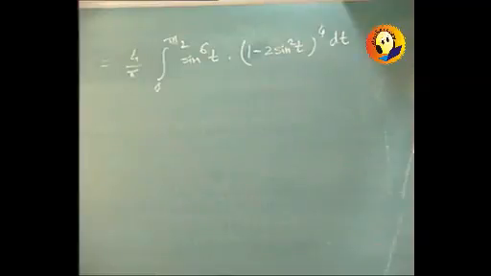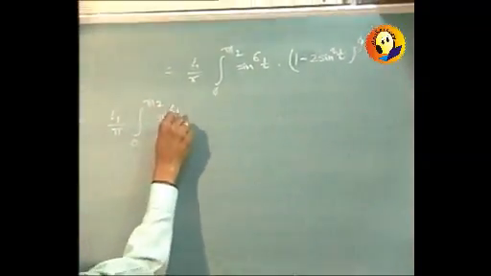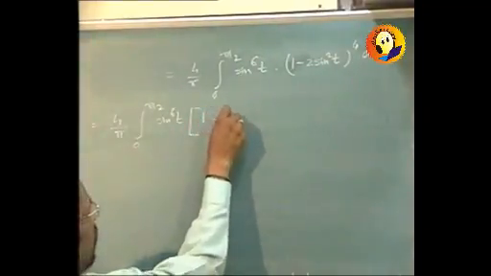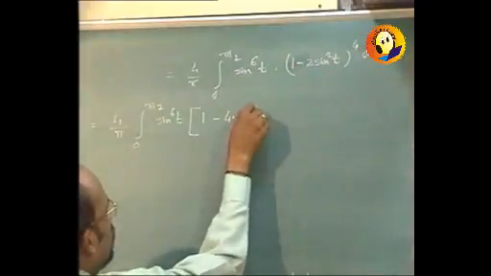Now we are required to expand it, and so it will be equal to 4/π integral 0 to π/2 sin^6 t into bracket, first term is 1 minus 4 into 2 sin^2 t.